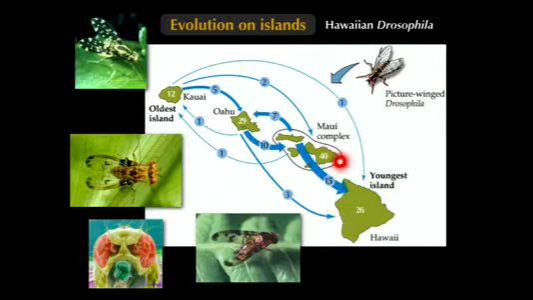And so the plate, in moving over a deep hot spot, creates volcanic activity. And as a result of the plate's movements, the older islands get carried toward the northwest, and the younger islands form down here in the southeast, thus the ancient nature of these relative to these.